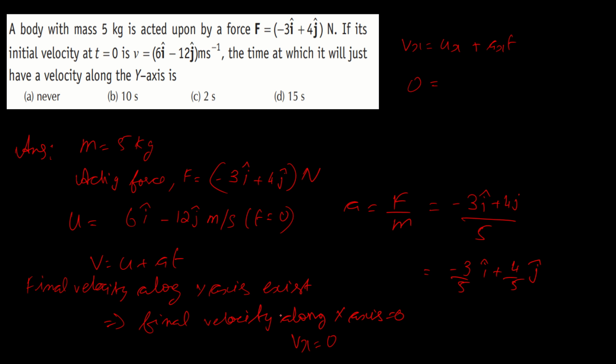We don't know the final velocity along the y-axis, but there is no final velocity along the x-axis. So ux is 6, plus a, minus 3 by 5, into t. Now we can find t is equal to 5 into 6 by 3, which is 10 seconds.